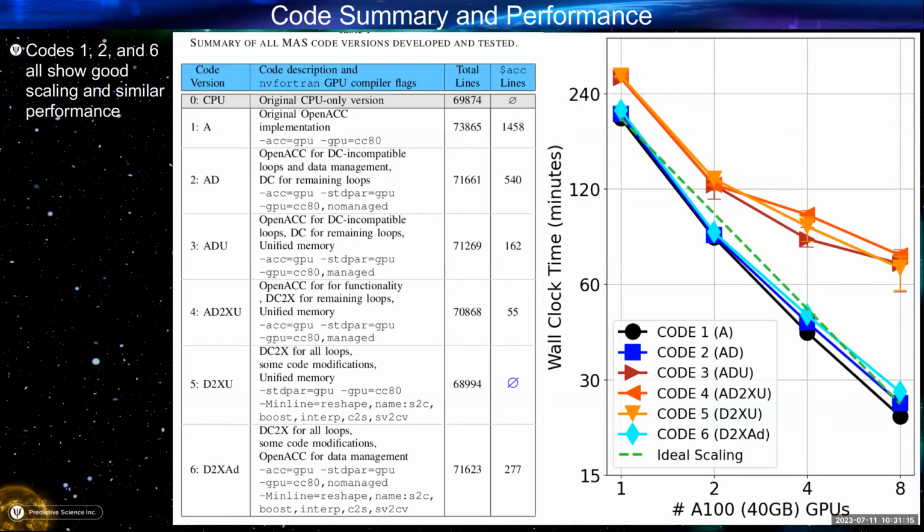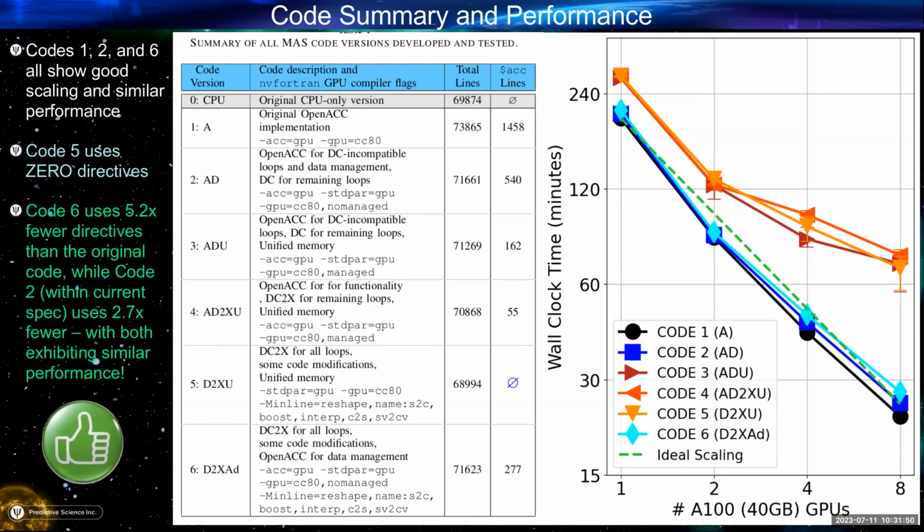If you look at codes 2 and 6, they have very similar performance, not exactly the same, but good enough. But if you notice, code 6 only has 277 OpenACC directives versus 1,500 for the original code. That's a huge reduction. Another thing to point out is remember that code 5 has absolutely no directives at all. However, if you look at the performance of code 5, it doesn't look that great.